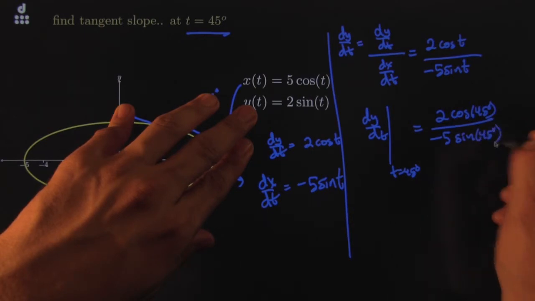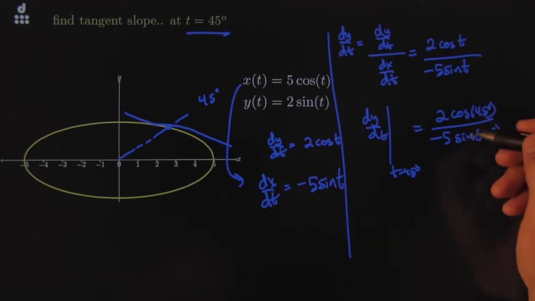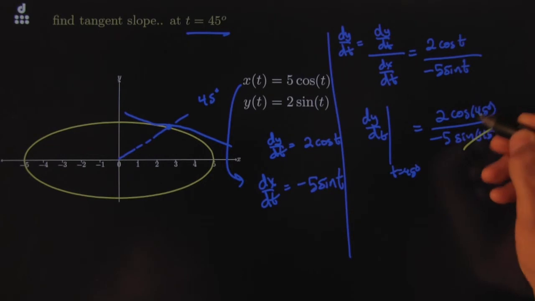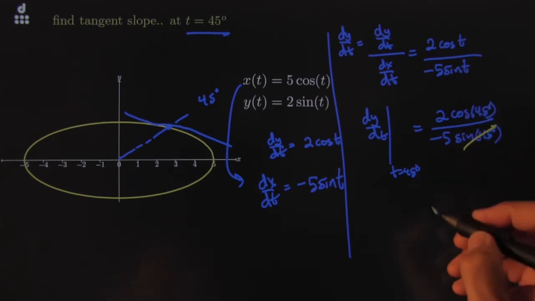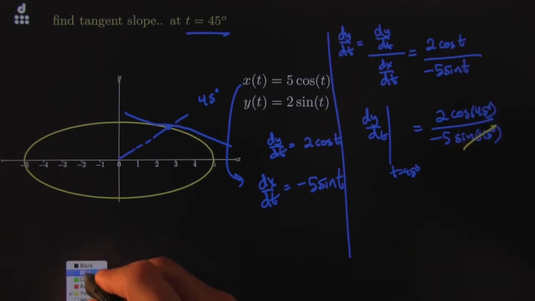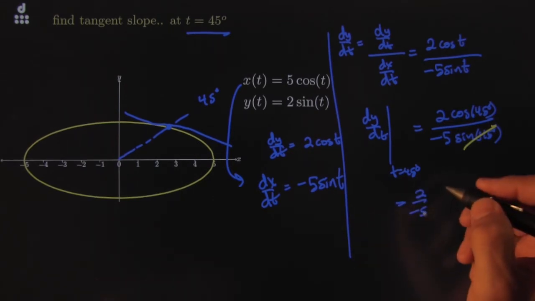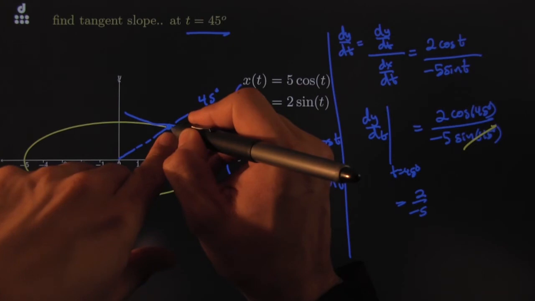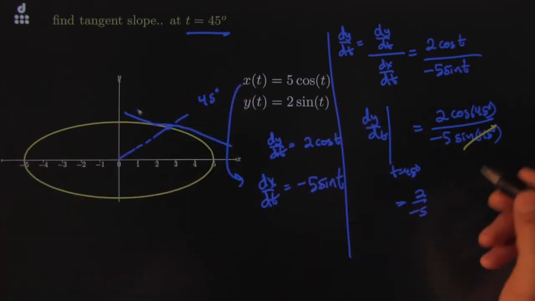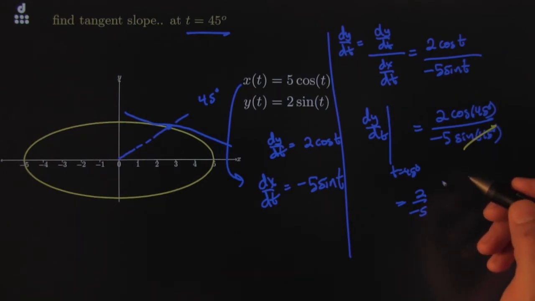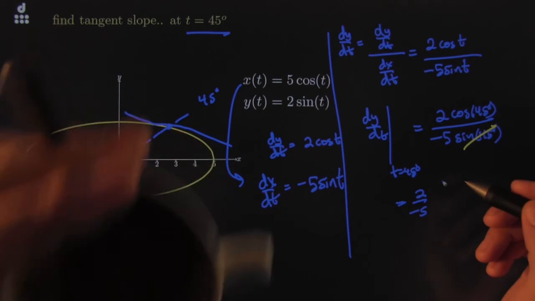I think actually these are the same for cosine and sine. They match at 45 degrees, and so you get the answer is 2 over negative 5. So you rise 2, you go left 5. We did it. We found the tangent slope at 45 degrees. And it wasn't even that bad. Easy, right?